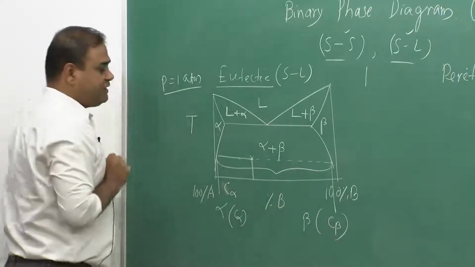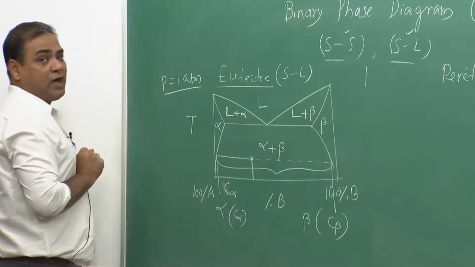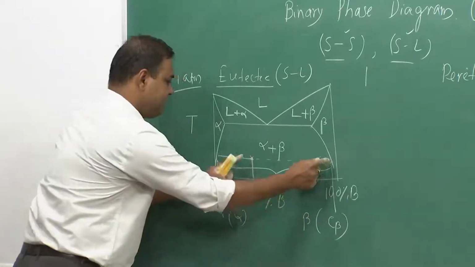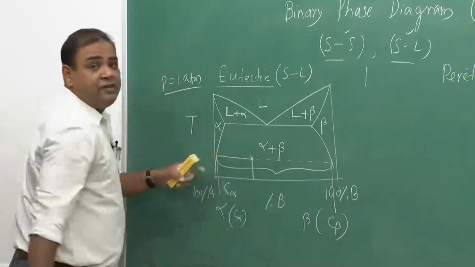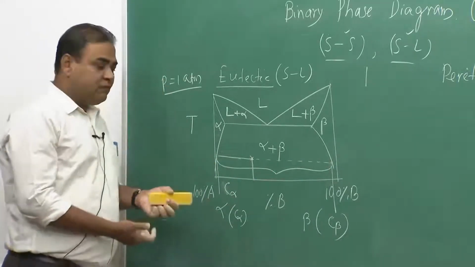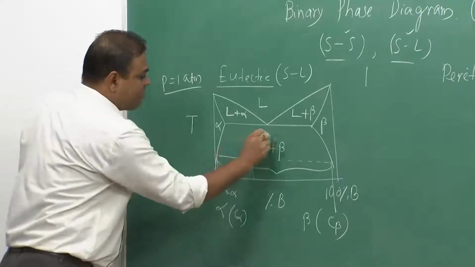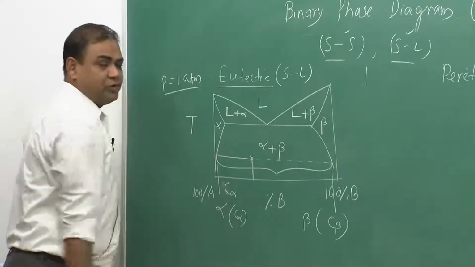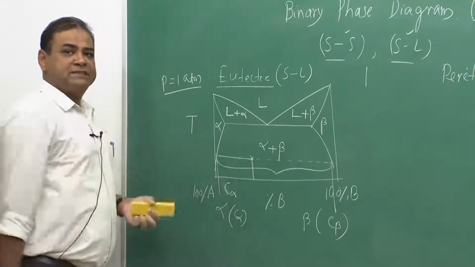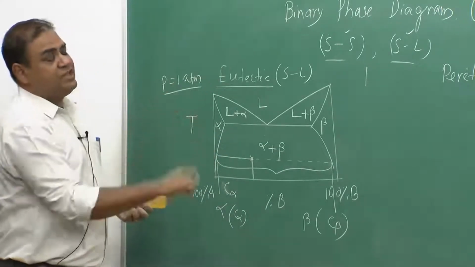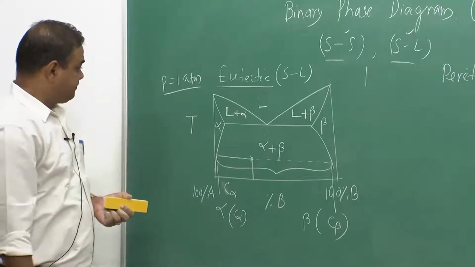Okay. But if I try to find out what is the amount of alpha, then this divided by the whole length becomes the fraction of alpha, and the composition of alpha would be this. So, that means at any point over this particular zone, it will distribute into two segments, okay, as we have seen in case of isomorphous system.